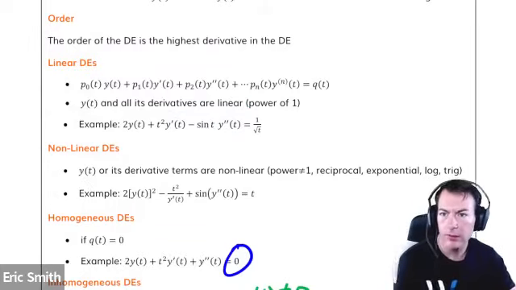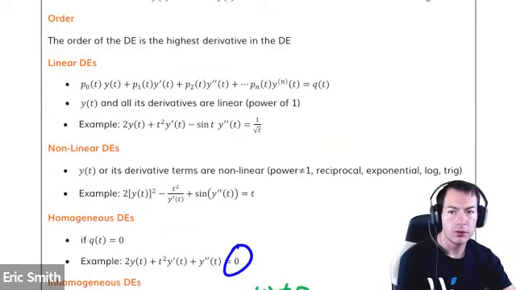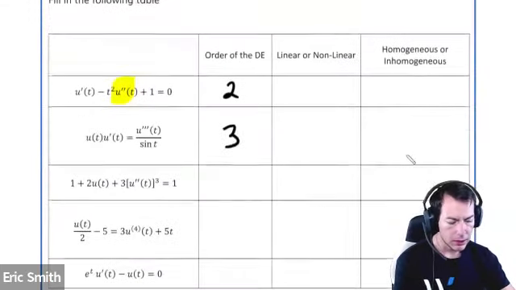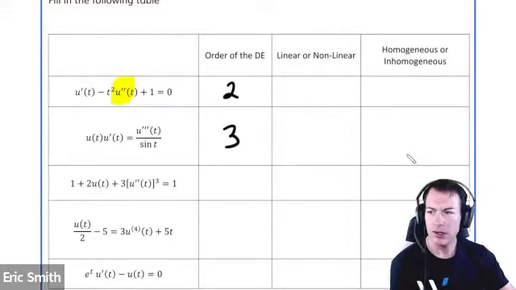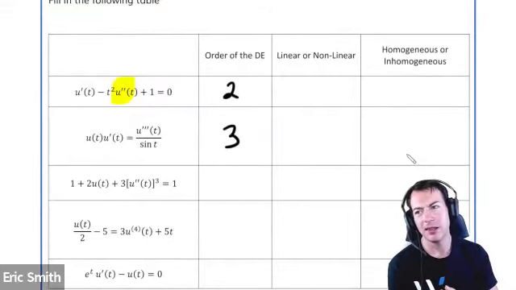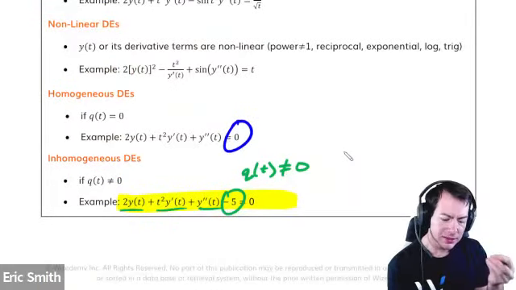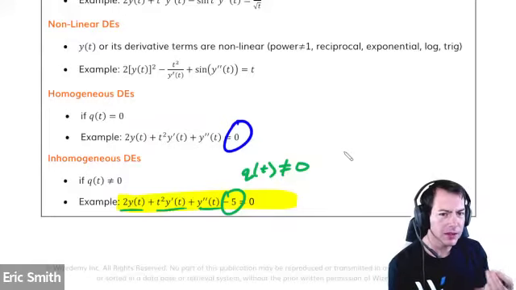Let's see, other quick questions. Are homogeneous and inhomogeneous different forms of linear differential equations? Something could be linear and... let's see, how should I say this? It really just has to deal with the forcing term on the end.